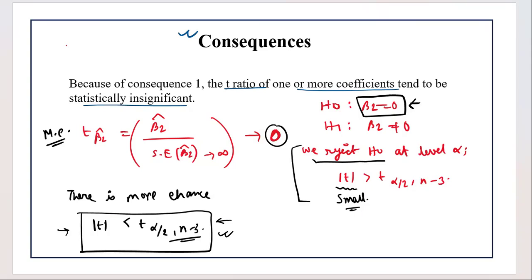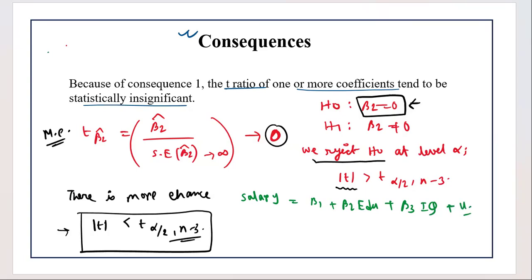So what this example is saying, suppose I give you an example. Suppose I consider a model like this. Salary is beta 1 plus beta 2 times the level of education plus beta 3 times, suppose, IQ, plus some random variable, right? So this is the model. If this is the model, then what we know is that salary is dependent on education and IQ.